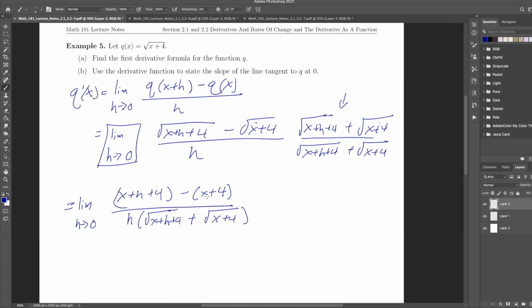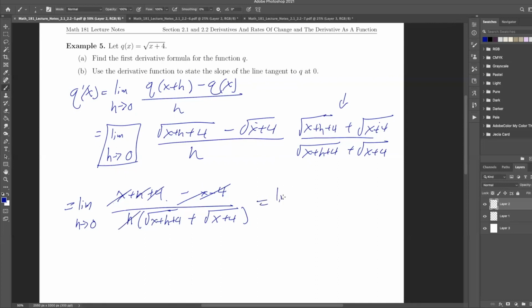Notice that if I distribute this real quick, distribute that negative, and get rid of the parentheses for one second, here I have positive x, negative x, positive 4, negative 4, and I can cross off the h. So what am I left with?